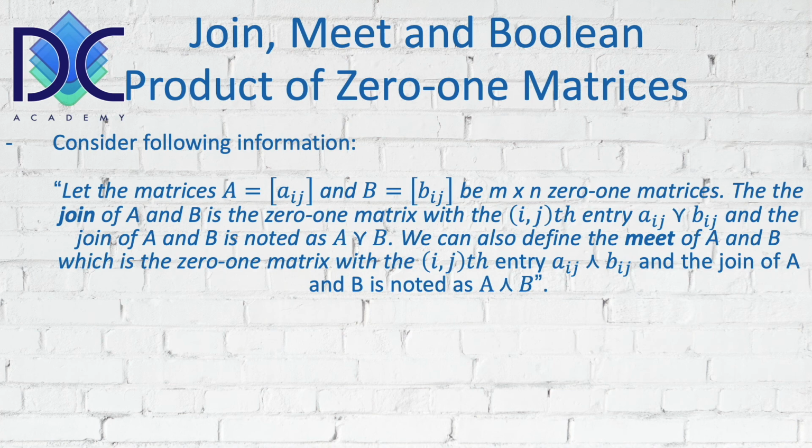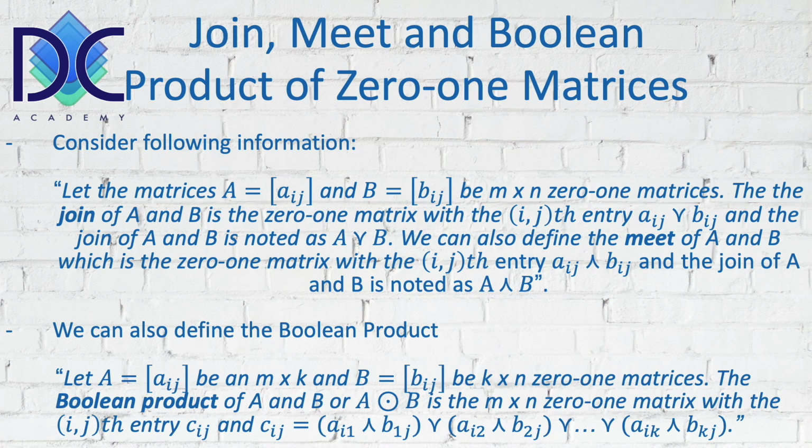Now we can define the Boolean product on matrices. We have 0, 1 matrices, and we have to be sure that they can be multiplied. So A with elements Aij is an M times K matrix, and B with elements Bij is a K times N matrix. We can multiply A with B, and we call it the Boolean product of A and B, which is an M times N 0, 1 matrix with the ijth entry equal to Cij.